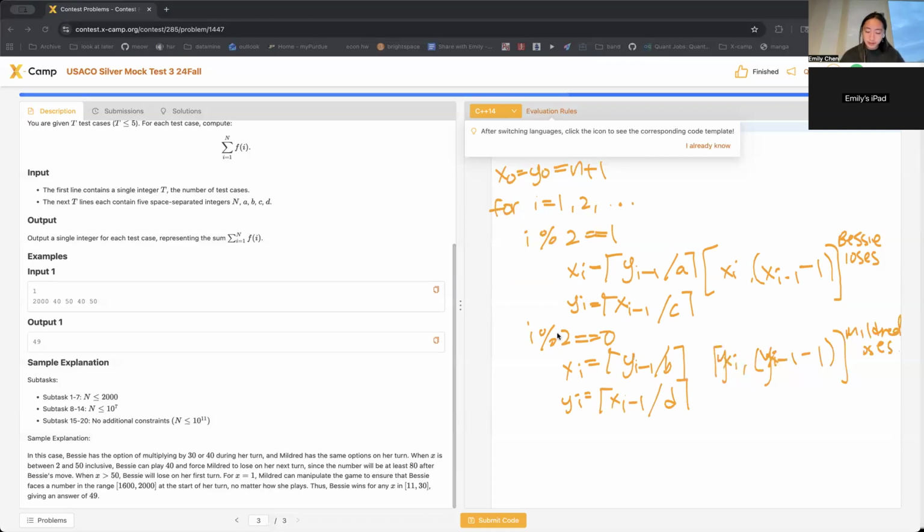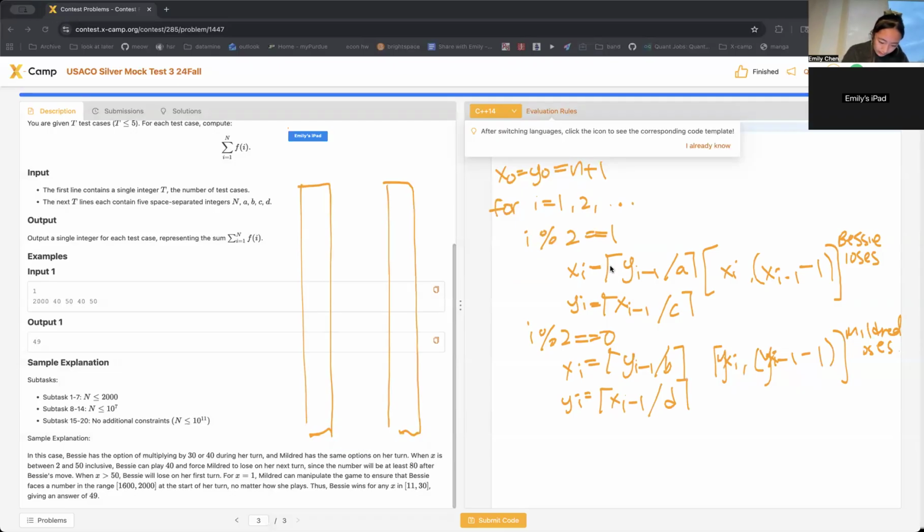Okay, and to visualize this even more, I can draw two bars of length n. This is for Bessie, and this is for Mildred. For all of this interval over here, which is x of 1, which is also the ceiling of (n plus 1) over A, Bessie would lose.